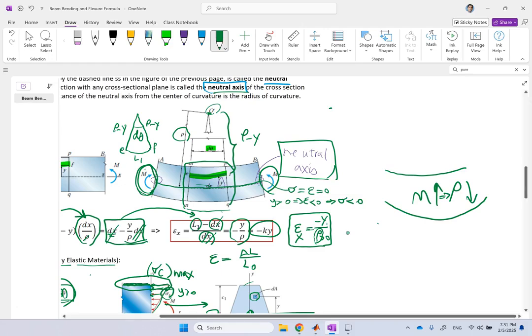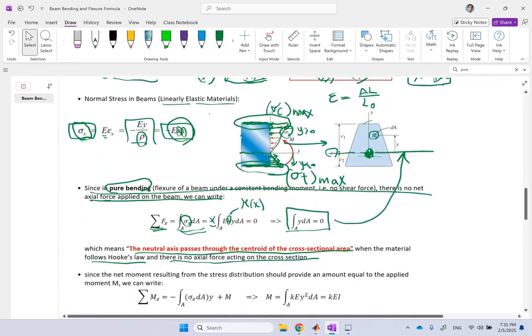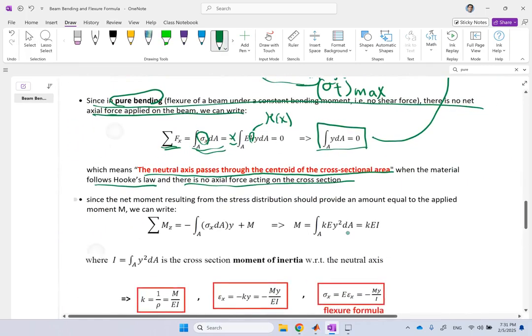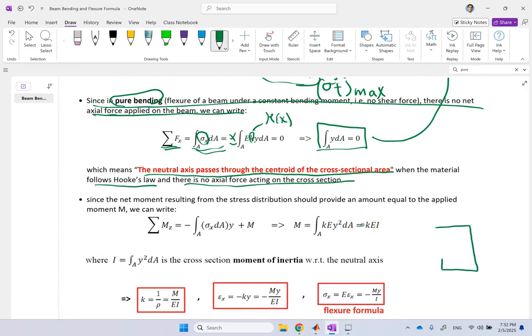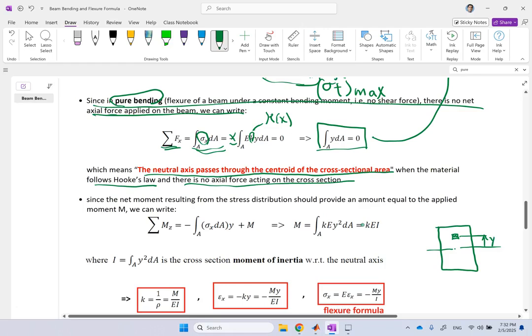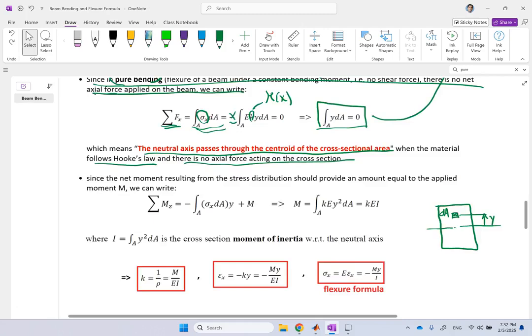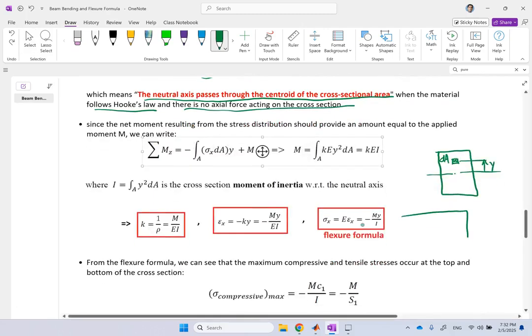What's the relation between them? We're gonna find it. But here we have to find a formula for rho based on the bending moment. So how do we do it? We say, well, look at the cross section. If you look at any element here, dA, which is at height y from the neutral axis, and this is the cross section from the side view, and then here is the beam at that cross section.